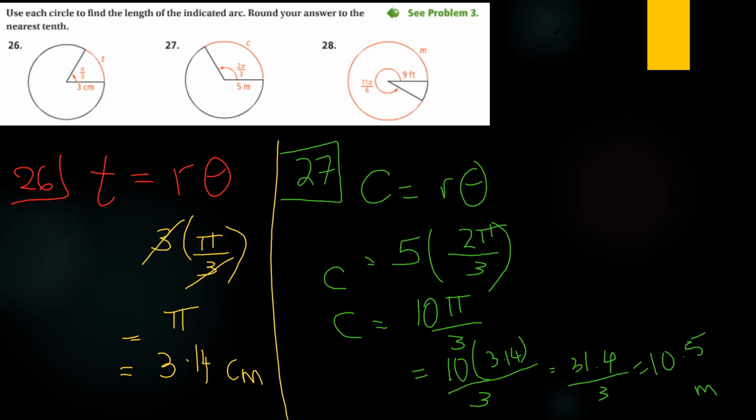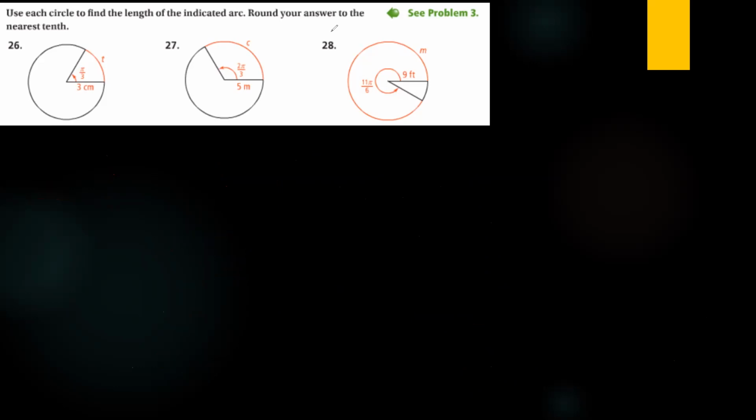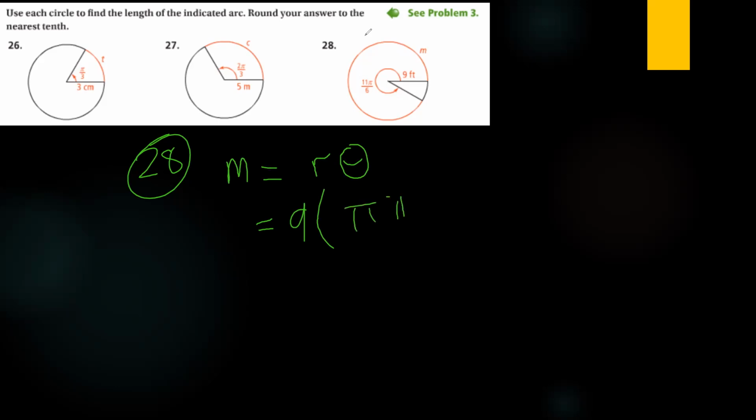Now, Habiba, can you help me to find number 28? Yes, teacher. What is the length of M? It's unknown. Okay, so how to find it? By R times theta. So R is 9, times 11 pi over 6.